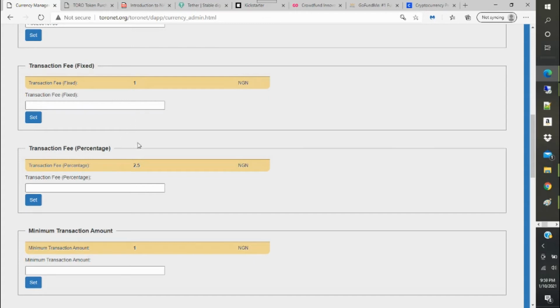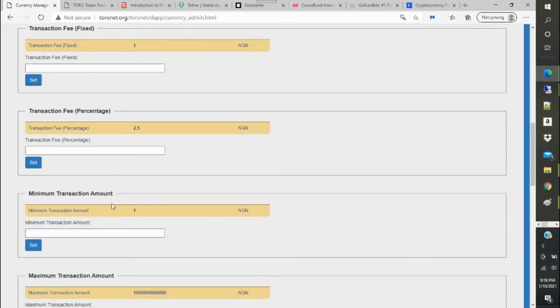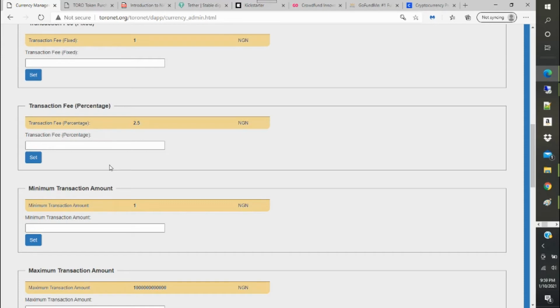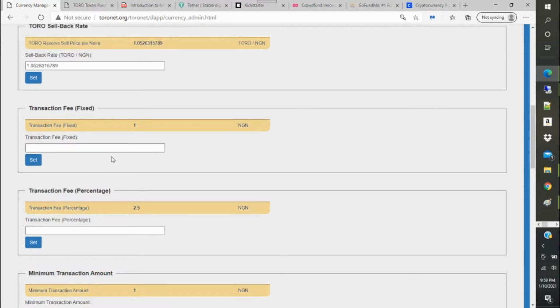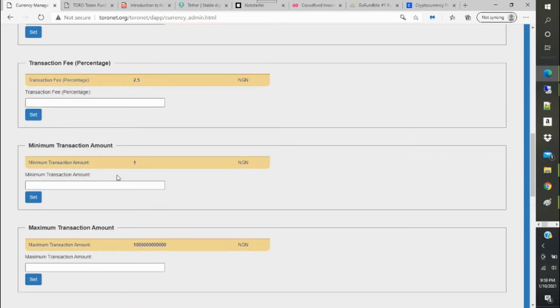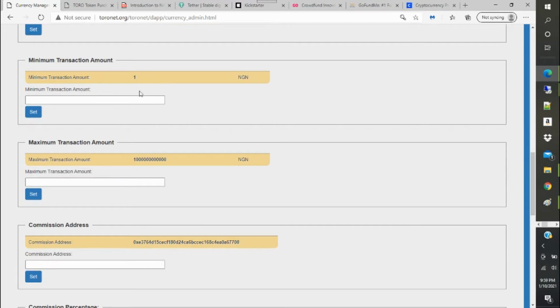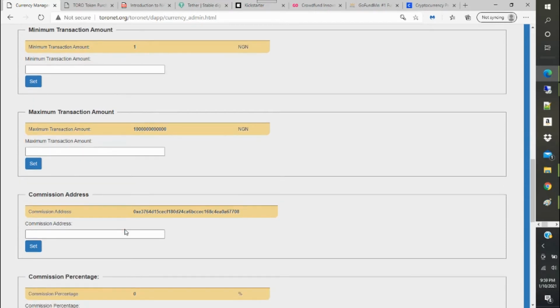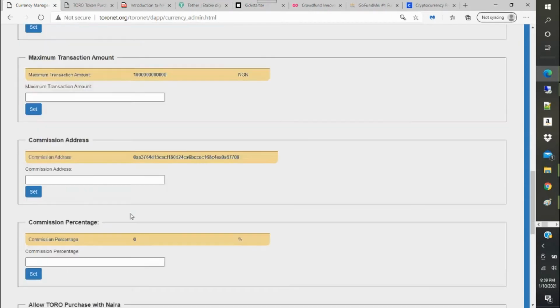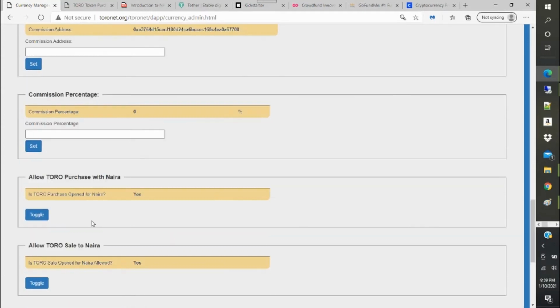So while these features exist, the only applications that are going to be made available to users will be ones that encourage them to transact in Toros rather than some of the stable coins that they bring in. But technically, the blockchain can make transactions in Naira stable coins, dollar stable coins, pound stable coins, euro stable coins, and any other stable coins that are chosen to be supported on the blockchain. Other parameters to prevent denial of service attacks are minimum transaction amounts, maximum transaction amounts, including the fees, of course, and commission address, which we'll look at in a later presentation, and commission percent, and so on.